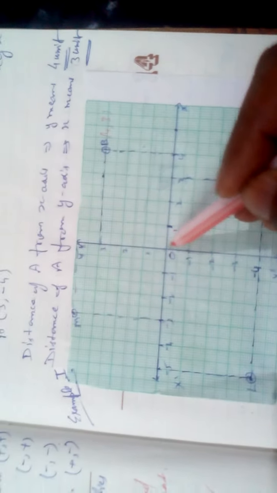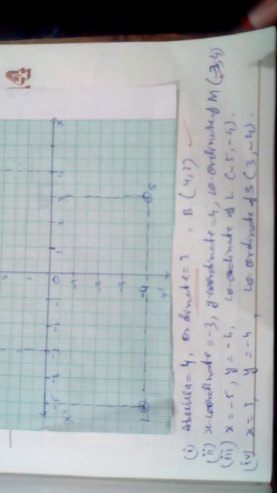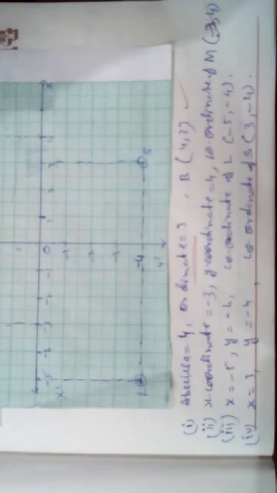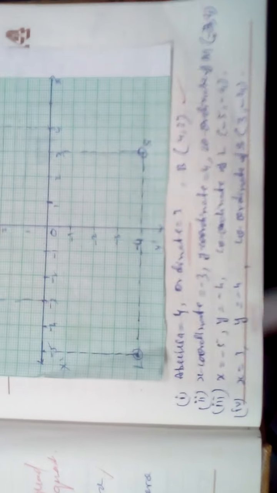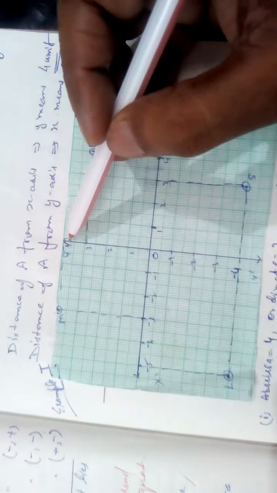What is the x coordinate and y coordinate of M? Where is M? M is here. So the x coordinate is -3, the y coordinate is 4, so -3 comma 4. What is the x and y coordinate of L?